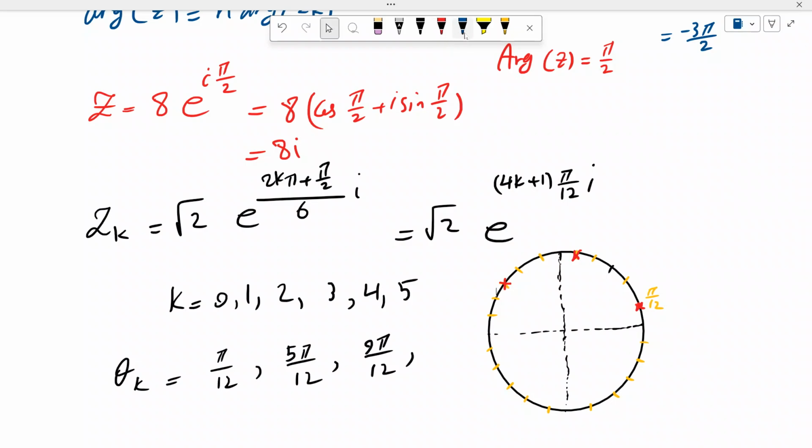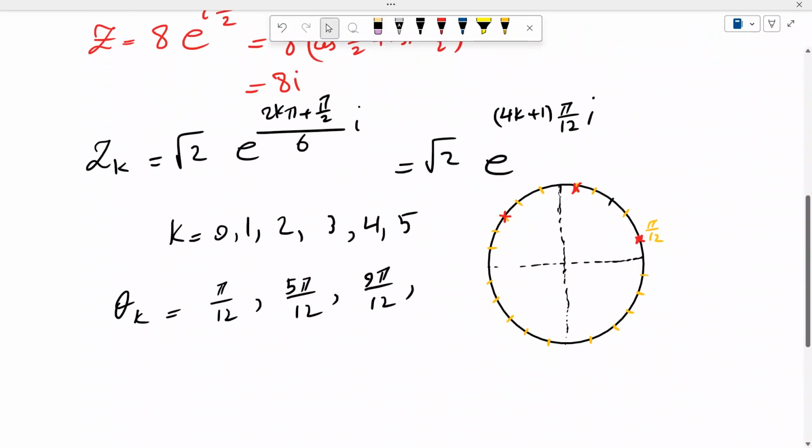Now if we continue by substituting different values for k, for 0, 1, 2 we found those, for 3 we have 13 pi over 12, and if I substitute 4, 4 times 4 is 16, 17 pi over 12, and finally for 5, 21 pi over 12.